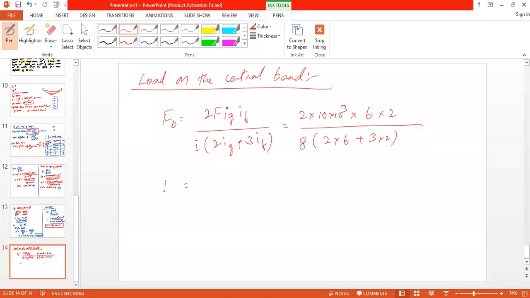So this FB is 1,666.66 Newton or 1.7 kilonewton. Okay, so this is the load on the central band.